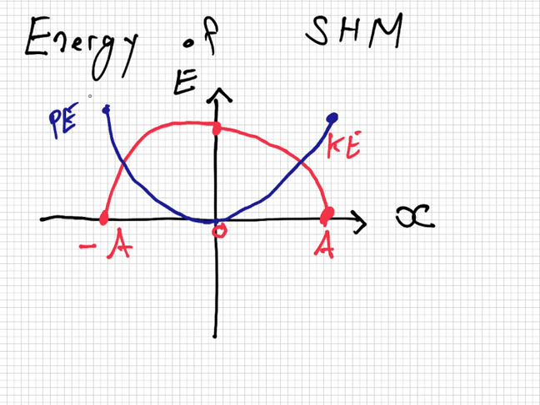This graph has been on the exam. What they've done in the exam is they've given you this graph and they asked you to label parts of the motion. For example, the graph question might be something like, draw the kinetic and the potential energy graph for the spring.